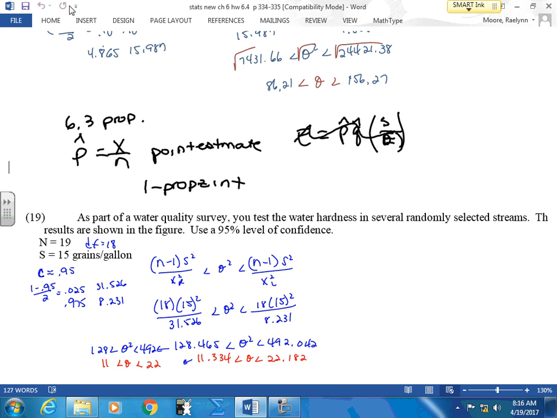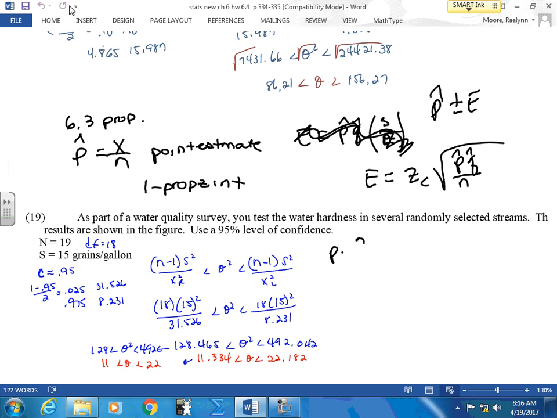Oh, this is the other one. That was the end. So this is your interval, if you forget. And we had one more that had the n equation in there when you're finding your sample size. So look up that equation too. I want you to do this as a review.